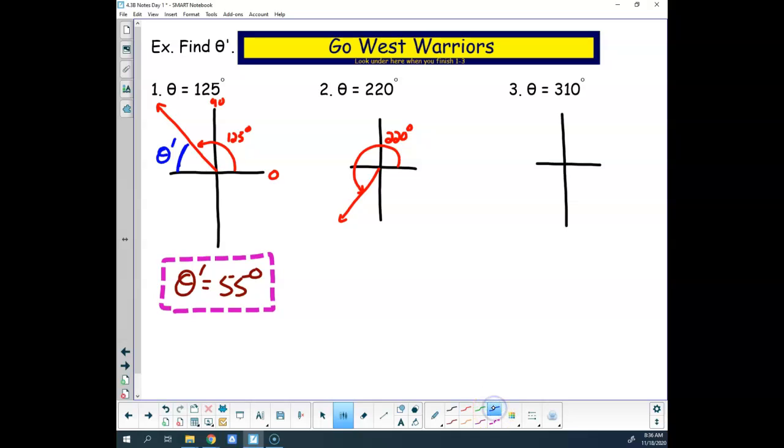So my reference angle, that would be the blue. So I get 40 degrees, because it's got to get me back to 180.